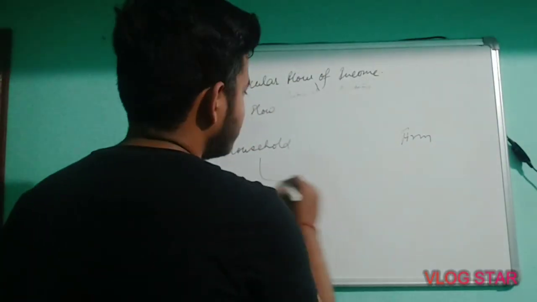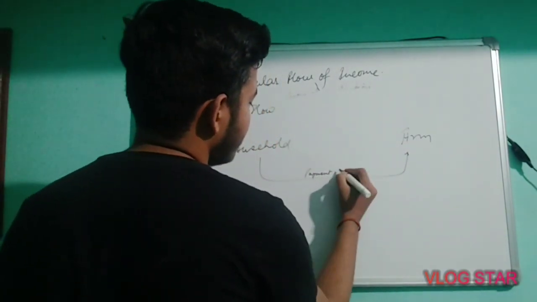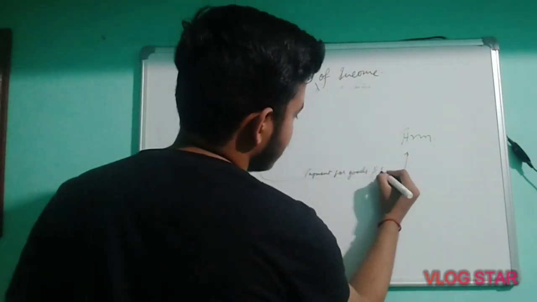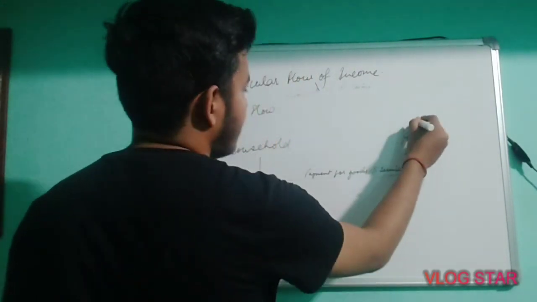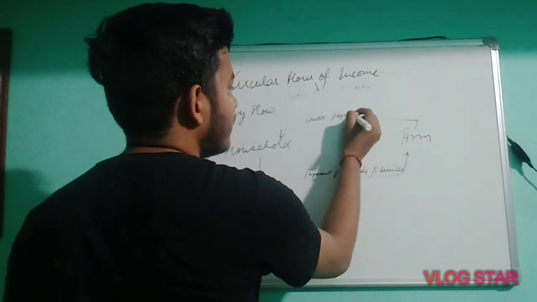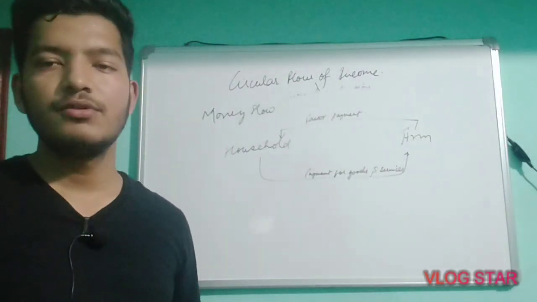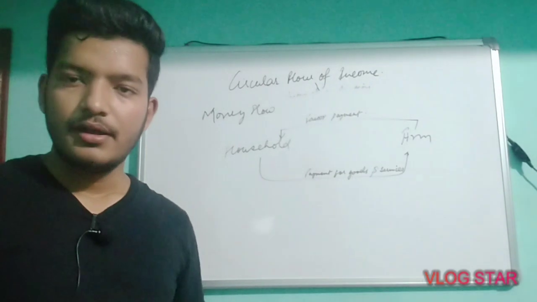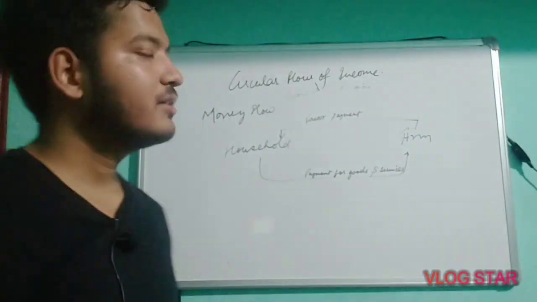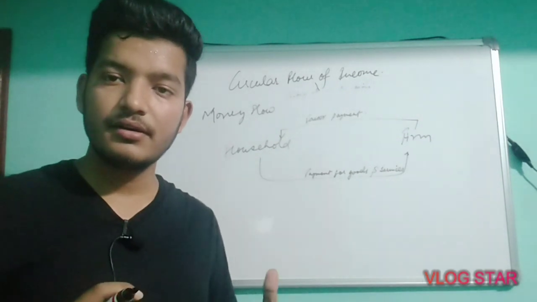It means that household will give only payment for goods and services, and firm will give factor payment to the household.